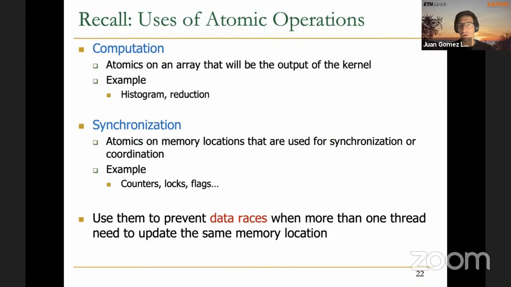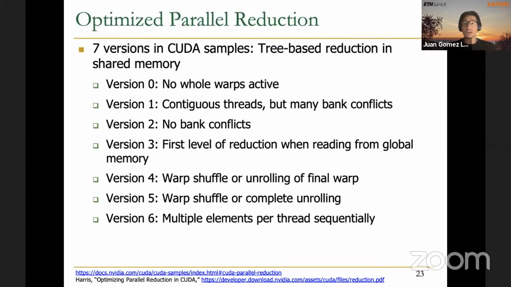But anyway, recall the uses of atomic operations. We use atomic operations wherever we may have concurrent accesses, concurrent updates to a shared memory location. We already discussed one example of this in the previous lecture, which was the parallel reduction.